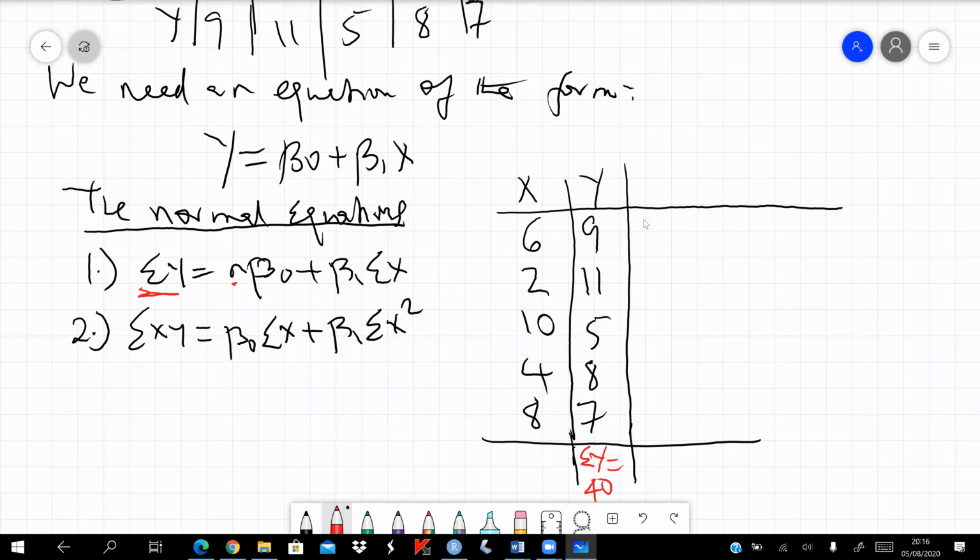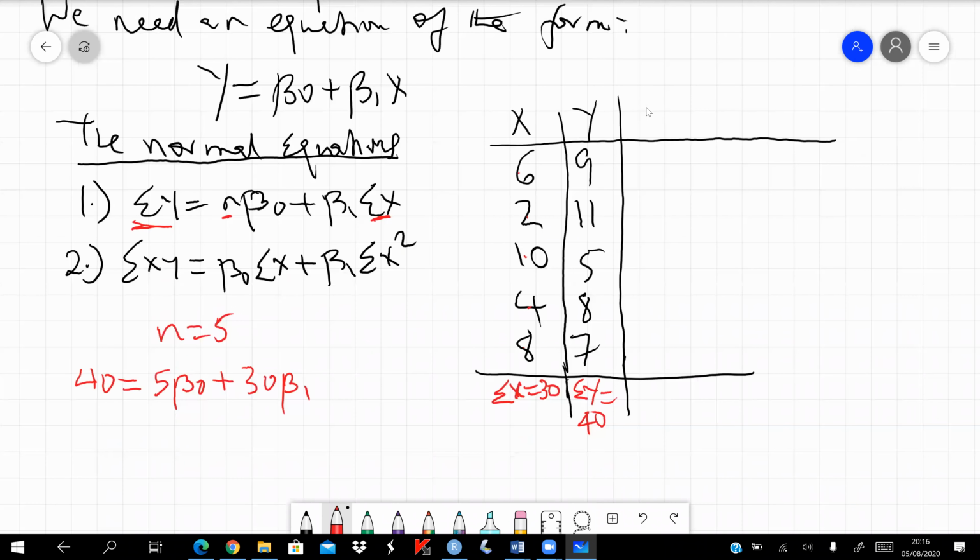Then I need N, number of observations: 1, 2, 3, 4, 5. I need summation of X. 30. 30, thank you. So the first normal equation will look like this: 40 is equal to 5 beta naught plus 30 beta 1.